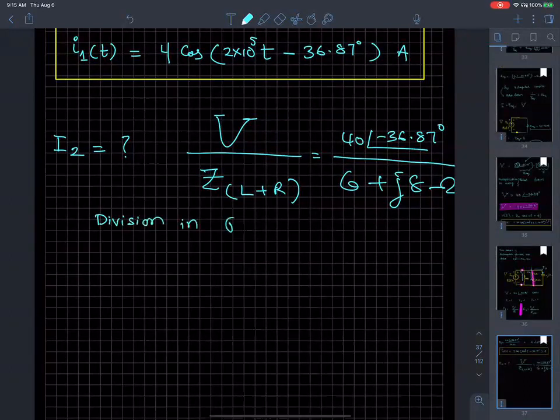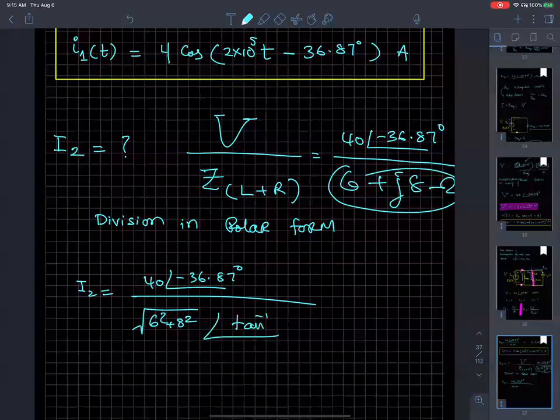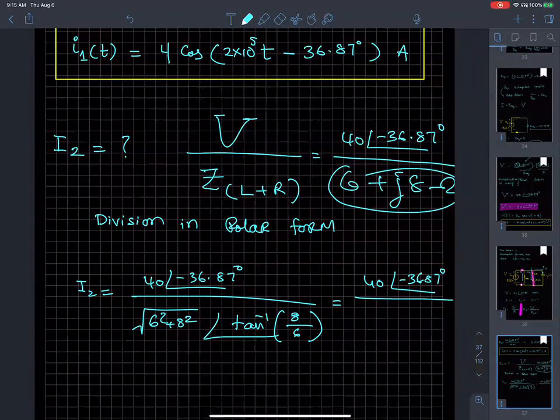Now what I want to do is the division in polar form. So I'm going to write I2 as 40 angle negative 36.87 degrees divided by the polar equivalent of this guy: 6 squared plus 8 squared under root, angle tan inverse of the imaginary part over the real part. The square root of 6 squared plus 8 squared is 10, and tan inverse of 8 over 6 comes out to be 53.13 degrees.